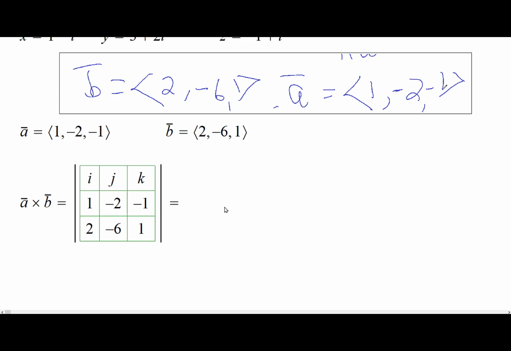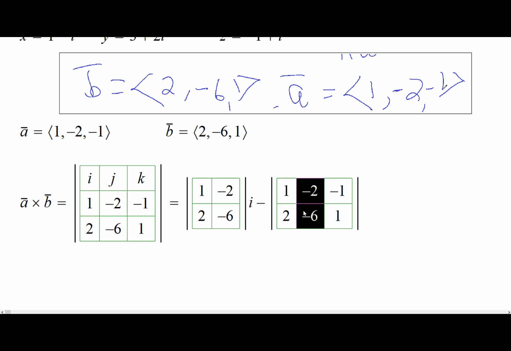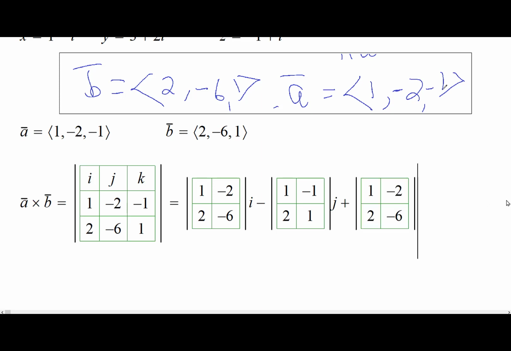What we have then is this cofactor here times I, minus the cofactor determined by these two times J, then plus the determinant of this, you call it minor, this portion, so that is K. So that becomes how much?